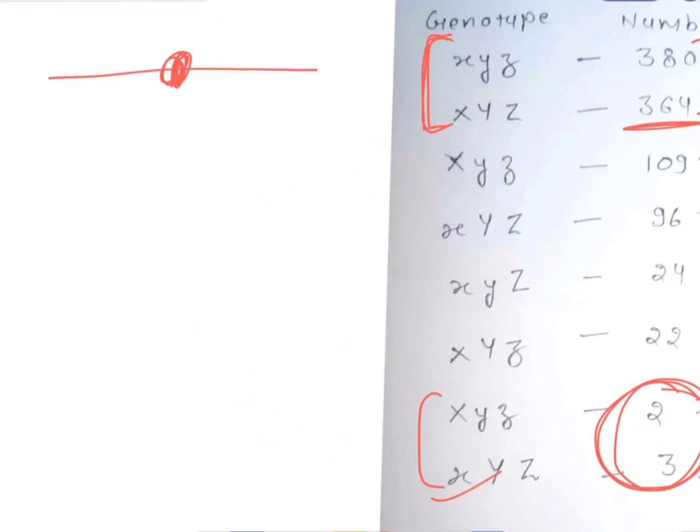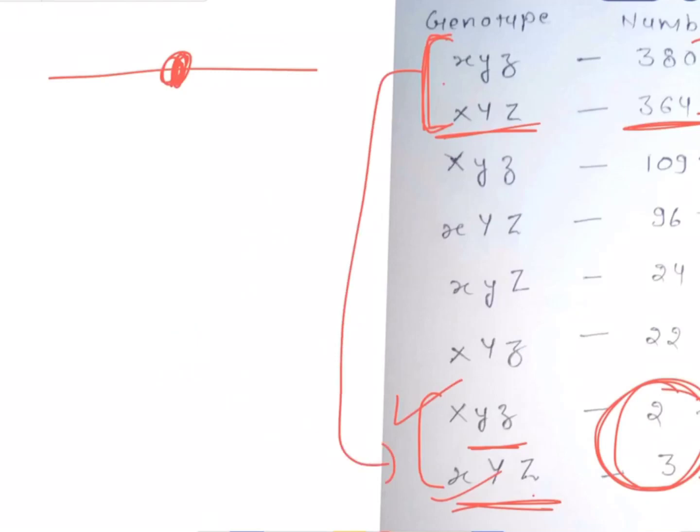Now look at the genotypes. Small x, small y, small z. Here capital X, small y, small z, and here capital Y, capital Z, small x. Here is capital X, so the difference occurs in the X gene. So X is present in the center.